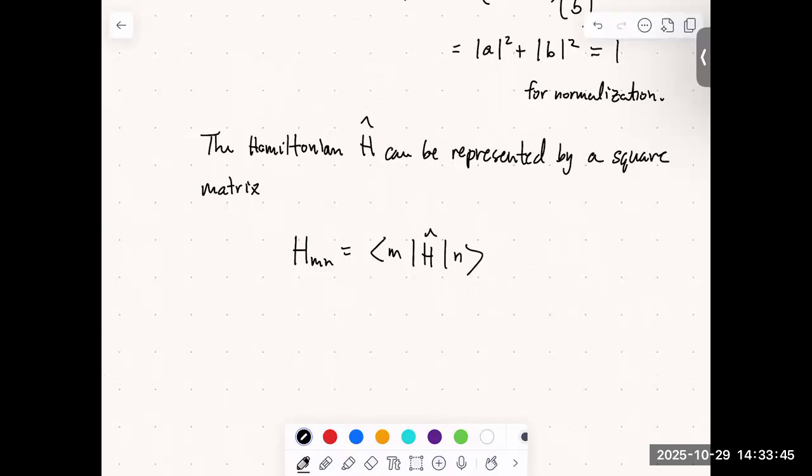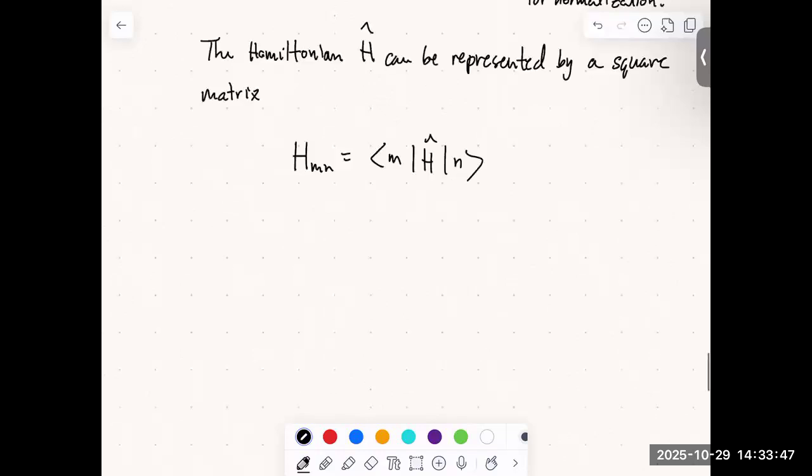So let's just work out some of these matrix elements. If we want the element 1, 1, what we'll do is we'll act with state 1 on H times state 1, like so. Now we don't know ahead of time what this is going to be, but this is just an expectation value.